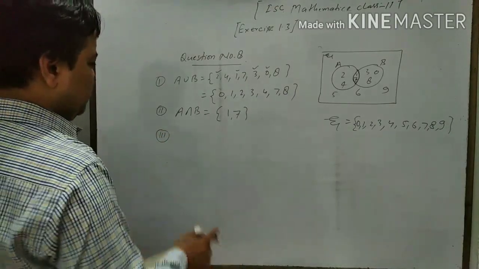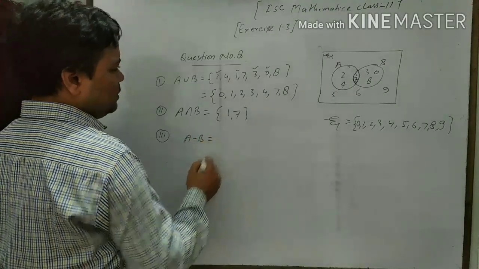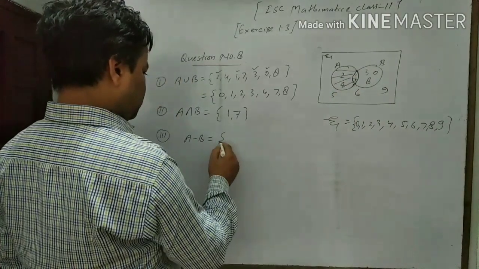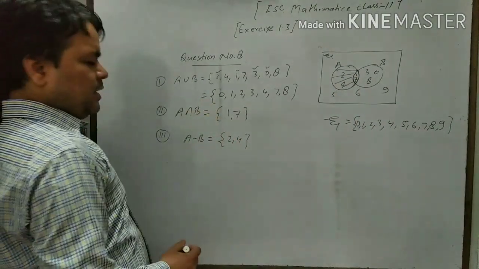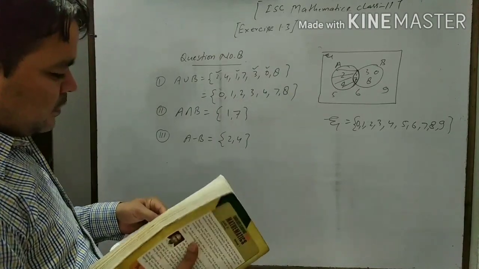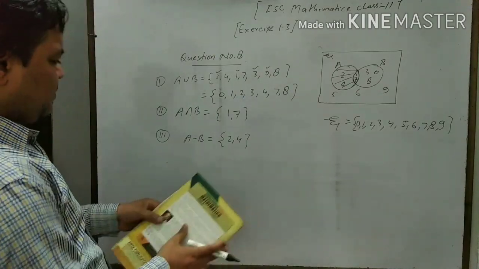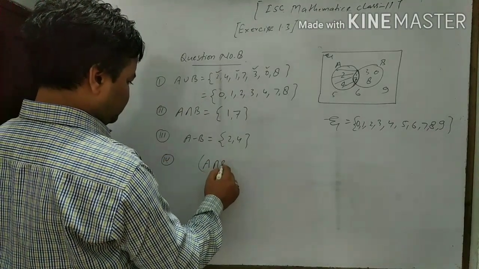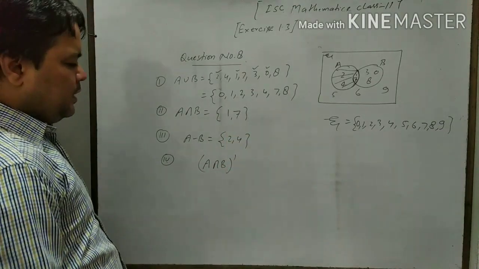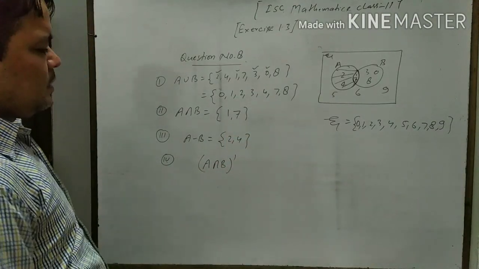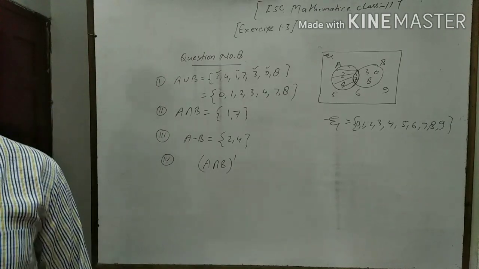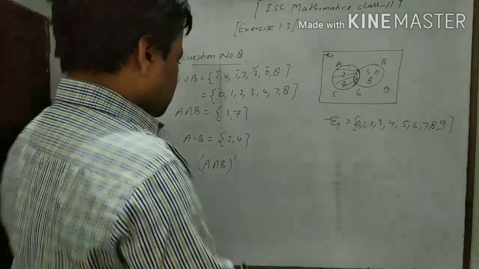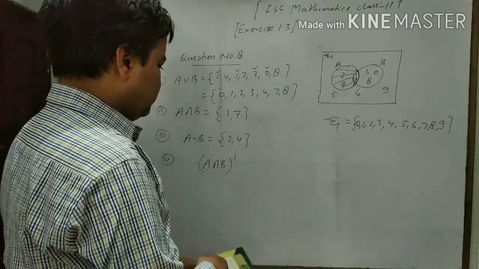The third one is A minus B. What is A minus B here? According to this part is A minus B. So that will be only 2, 4. After that, the complement set of A intersection B. Here we can write it this way.